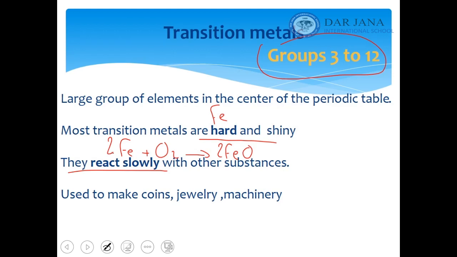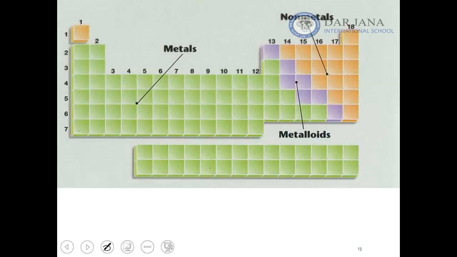These elements are also used to make coins like silver and gold, jewelry, gold, machinery like iron and other metals. So to sum everything up, hydrogen is not a metal, so it has the same color in this illustration as the non-metals.